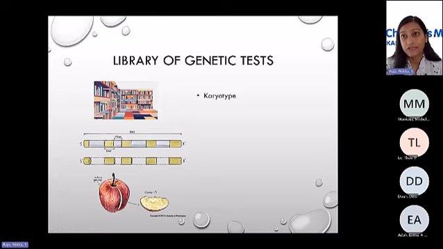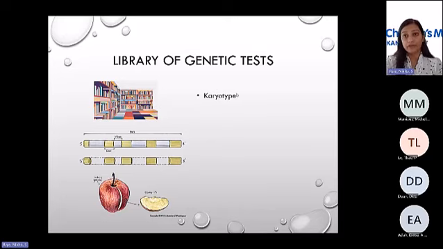So the different types of tests are, first, karyotype. Say you are in a library and you are asked to see if there is a missing book on the shelf. Think about an ideal library where everything is cataloged and put in order. You move back from the aisle and make sure that no book is missing or arranged in the wrong way.